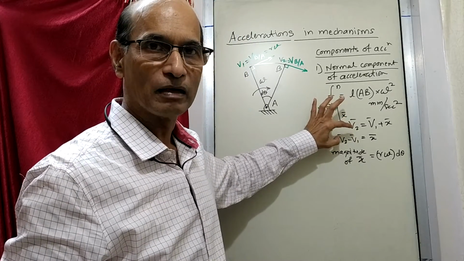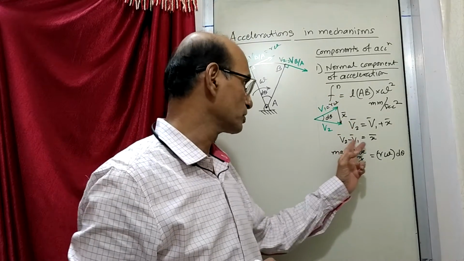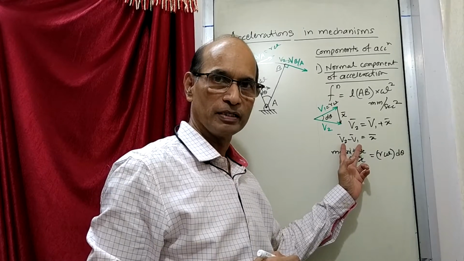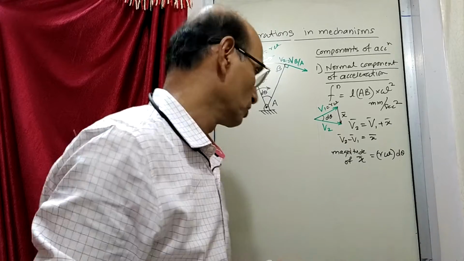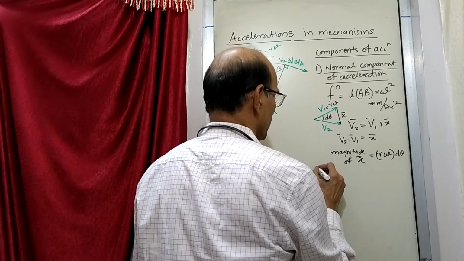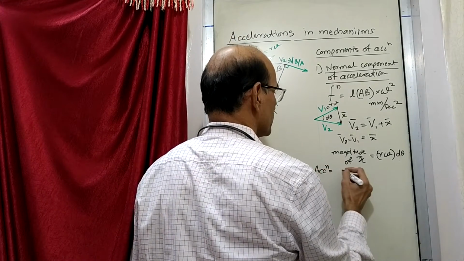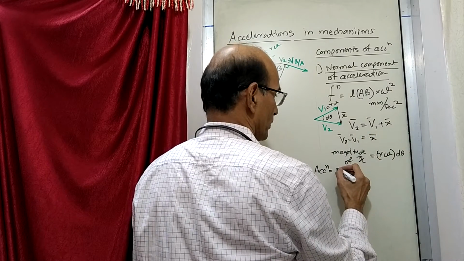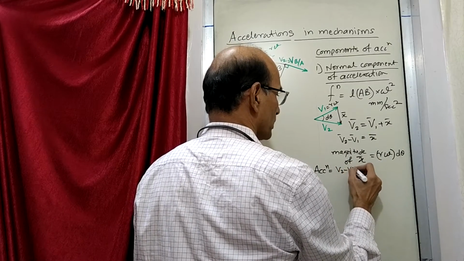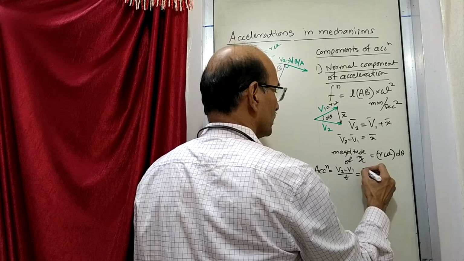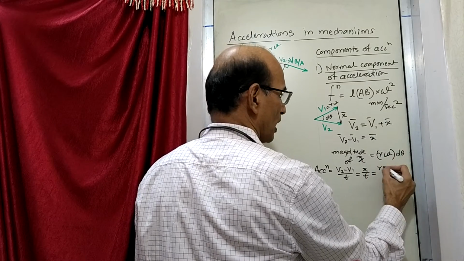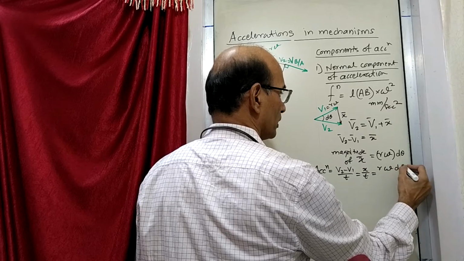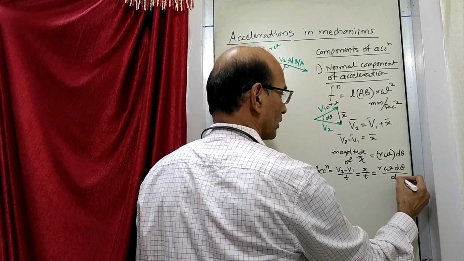Now we know that acceleration is change in velocity upon time. So this is a change in velocity. If you divide this by time, that is going to give you the acceleration. So acceleration is equal to v2 minus v1 upon time, that means x upon t. And the magnitude of x is r omega delta theta, upon time, I'll write dt.